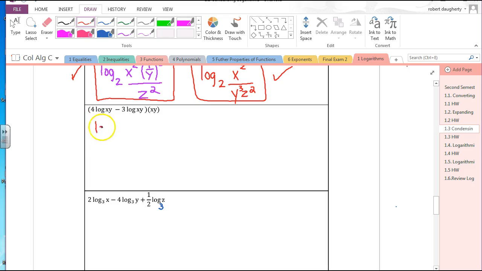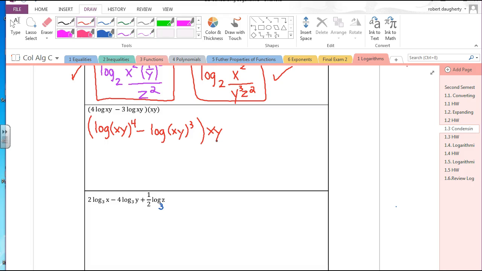This is the log of xy to what power? 4th. Minus the log of what? Xy to the 3rd. And all of that is just multiplied by xy, okay? Now, inside the parentheses, when I see the log of something minus the log of something, I know I'm going to use what?